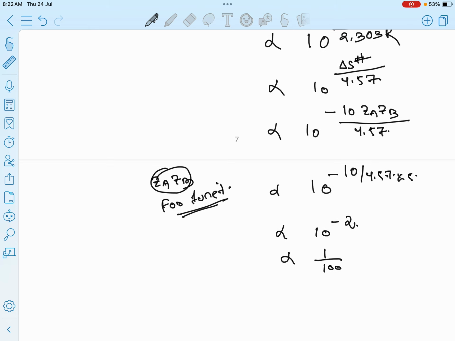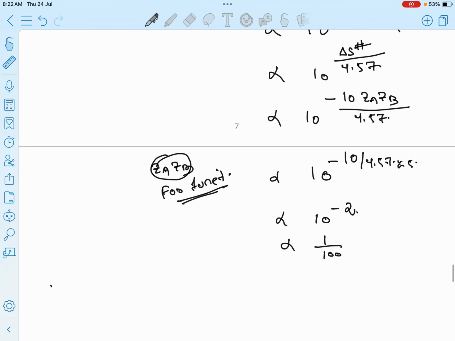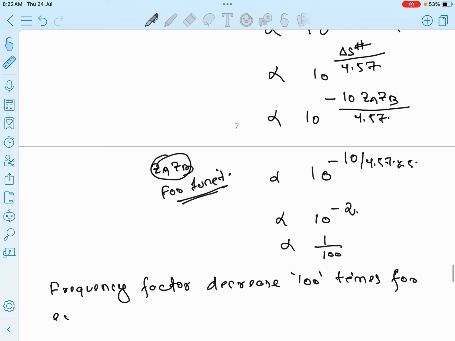That means the value decreases, the frequency factor decreases 100 times for every 1 unit change in ZA ZB.